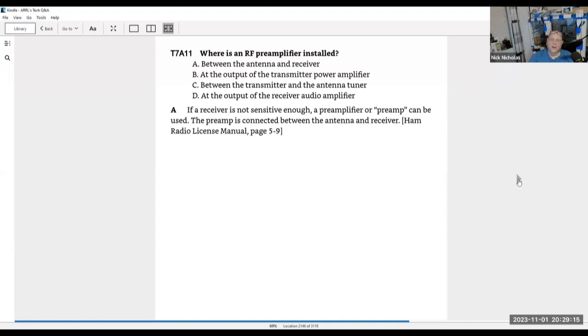But on the other hand, you amplify everything. What you're doing is you're making the values of the voltages higher, and that means the receiver does not have to be as sensitive. So effectively, it makes it look as if the receiver is more sensitive than it is.